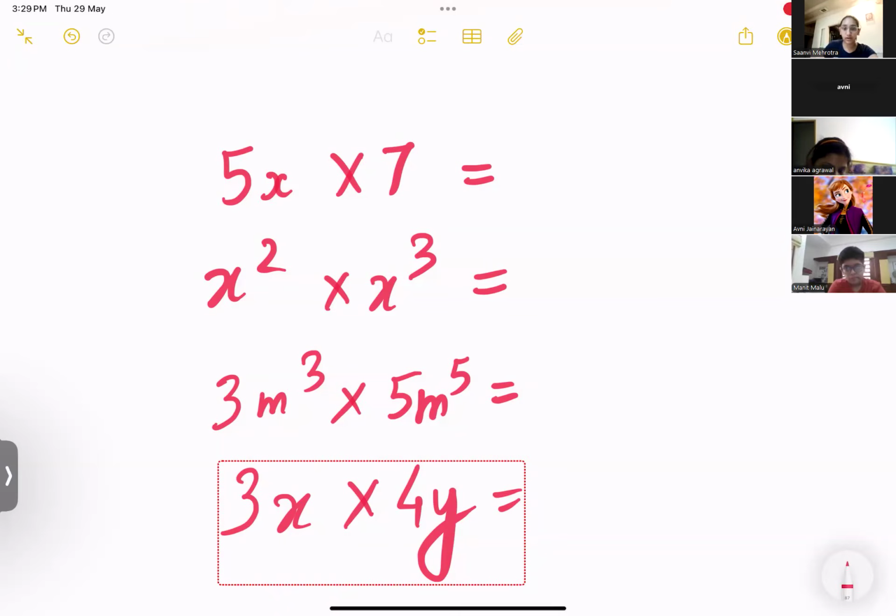Ma'am, I'm done with solving all the questions, but I have a doubt in the third question. What is your doubt, Sanvi? Ma'am, I raised 3 to the power 3 and then added m, which results in 27. No, beta.